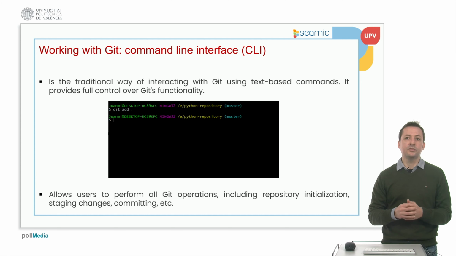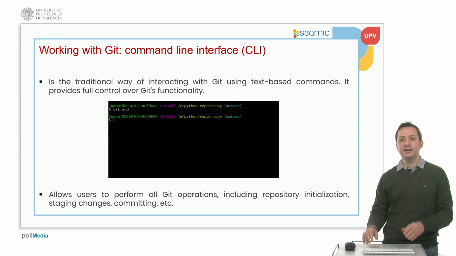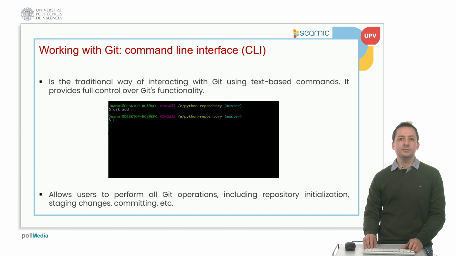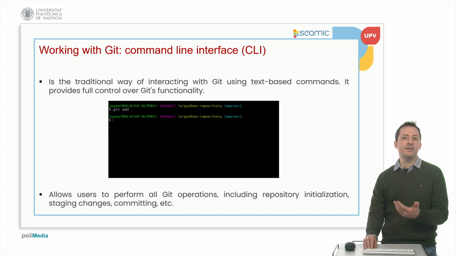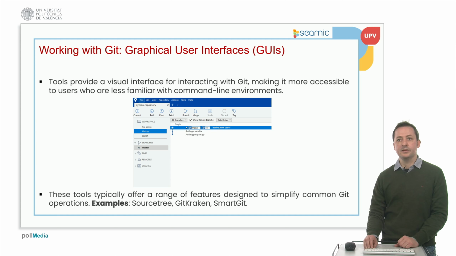But it's difficult for an early adopter of this technology to understand the concept of Git and commits. So this could be a good option for an advanced user since it provides a very powerful way of working.